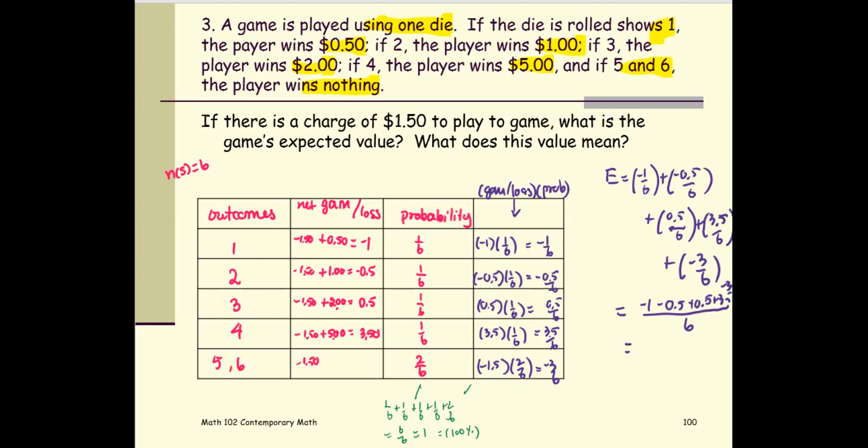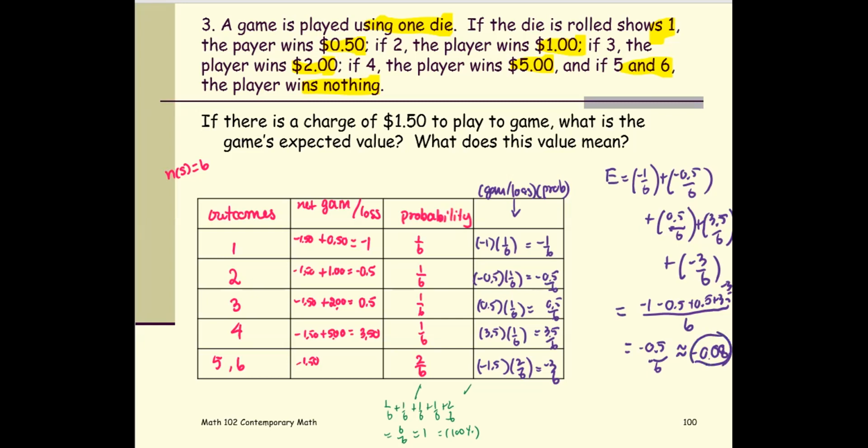It turns out to be -0.5 over 6, which is about -0.083 repeating, or keeping 2 decimal places, the common way to round for financial problems, -0.08.